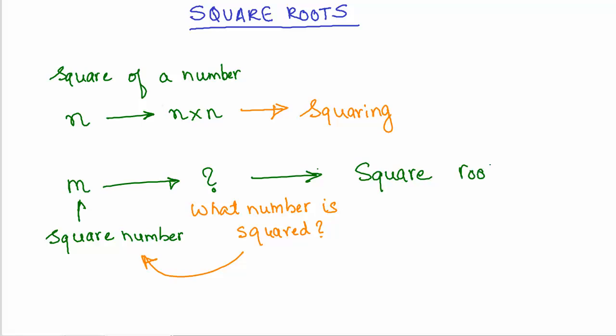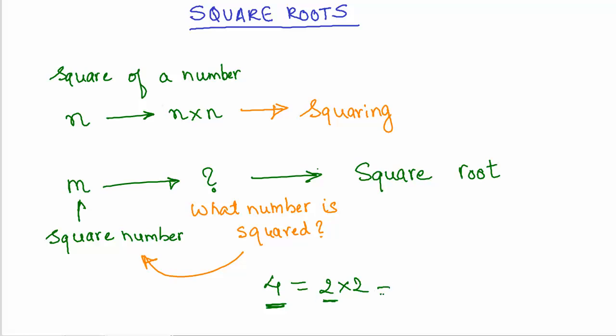Okay, so now let me give you a very quick example. We have learned that 4 is a square of 2 times 2. So if m is 4, that is, we are given the number 4, then we can say that 4 is a square of the number 2.